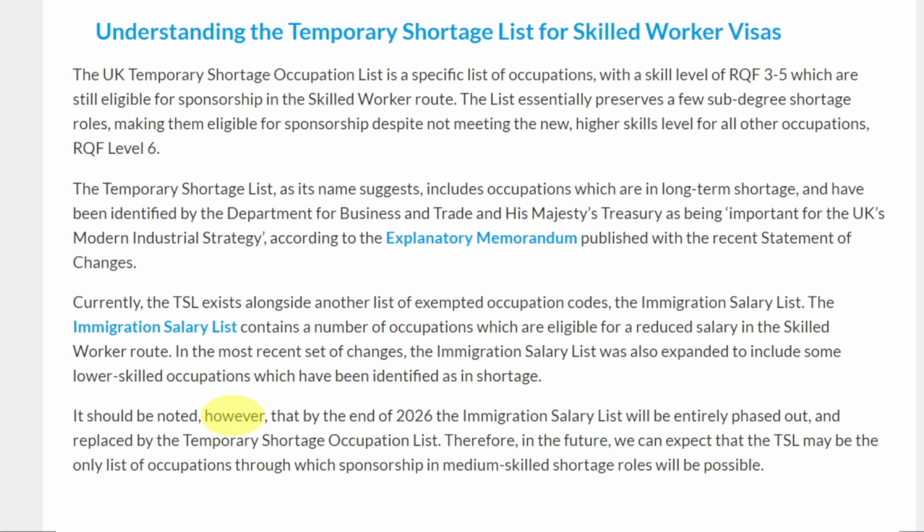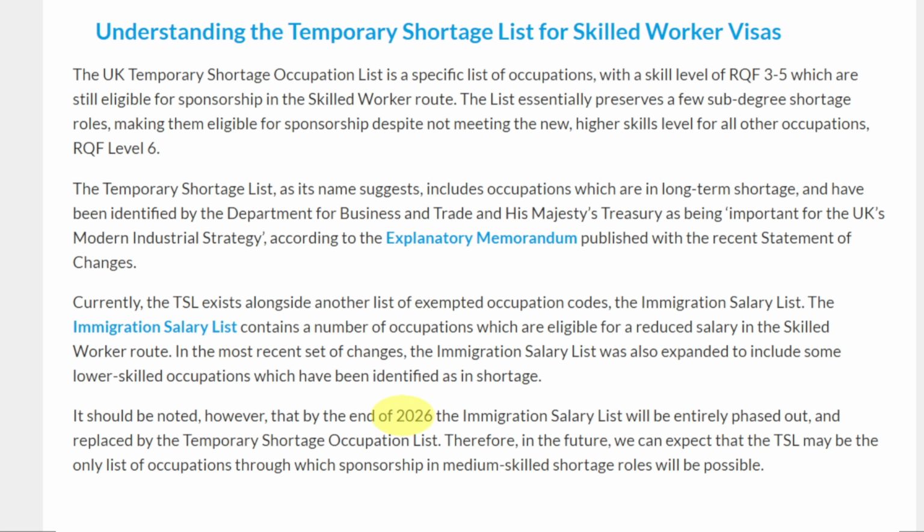It should be noted, however, that by the end of 2026, the immigration salary list will be entirely phased out and replaced by the temporary shortage occupation list. Therefore, in the future, we can expect that the TSOL may be the only list of occupations through which sponsorship in medium skilled shortage roles will be possible.